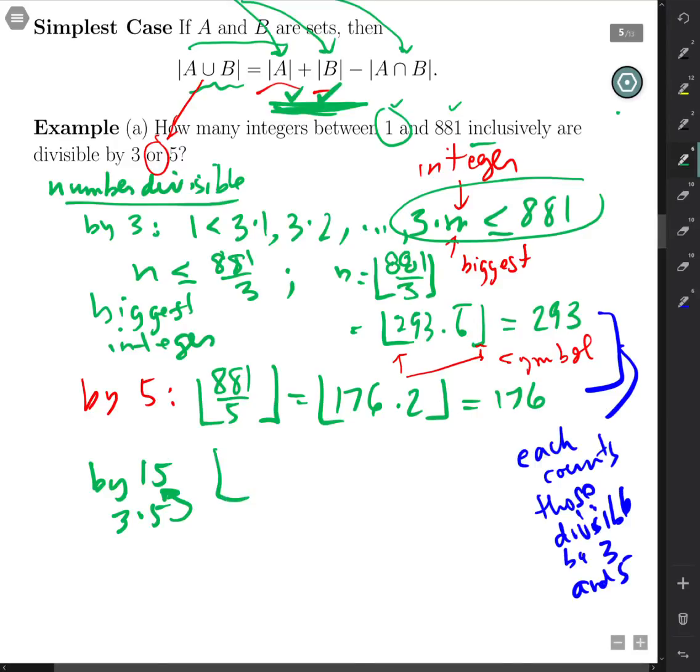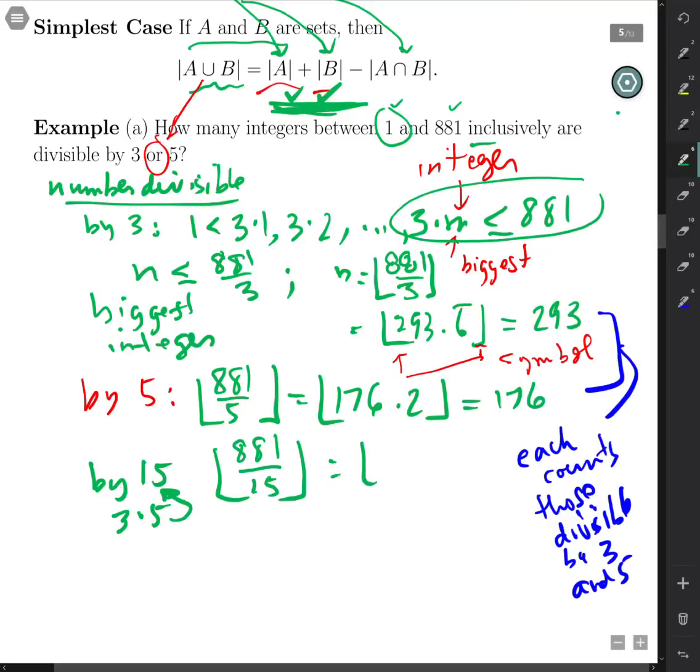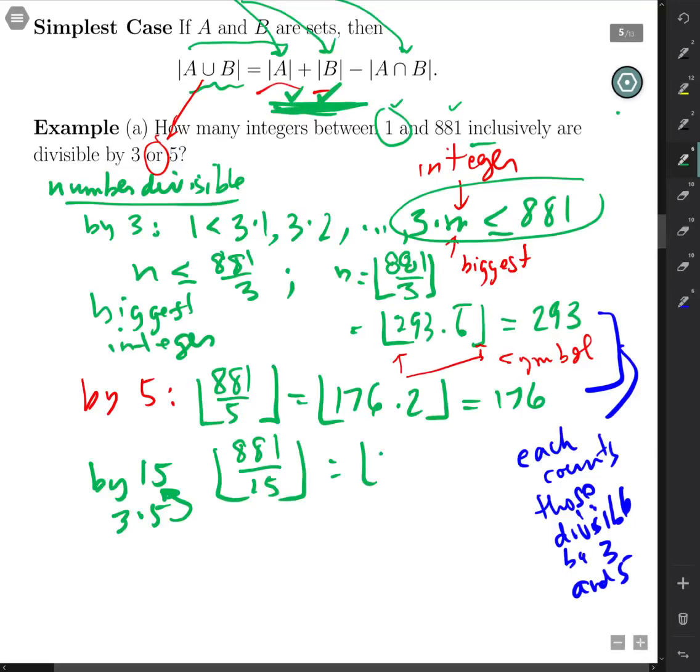I'm not going to deal with the case where they're not relatively prime, certainly not at this point anyway. So here, divisible by both simply means divisible by 15, and that gives us 58.73 continuing, so that's equal to 58. So the final result would be 293 plus 176 minus 58, and that is equal to 411.